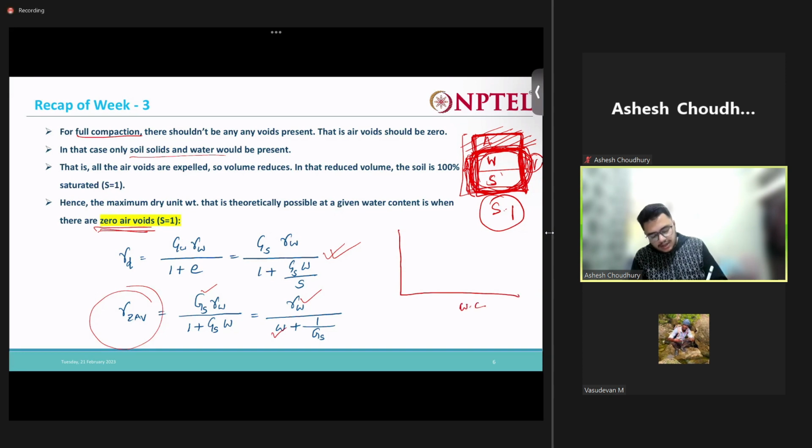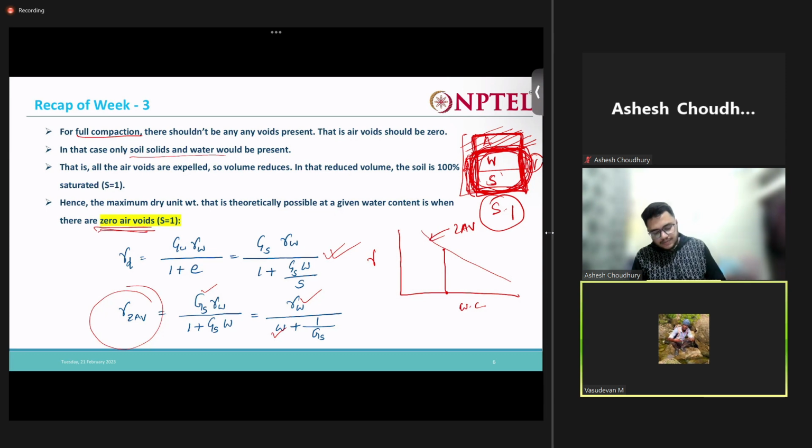You have the water content here and you have the gamma. So actually you can get a line like this, which is known as the zero air void line. This is the theoretically maximum possible value of dry density that you can achieve at a particular water content. So at this water content, this is the maximum value of dry density that I can achieve. Remember that practically it's not possible to achieve this.